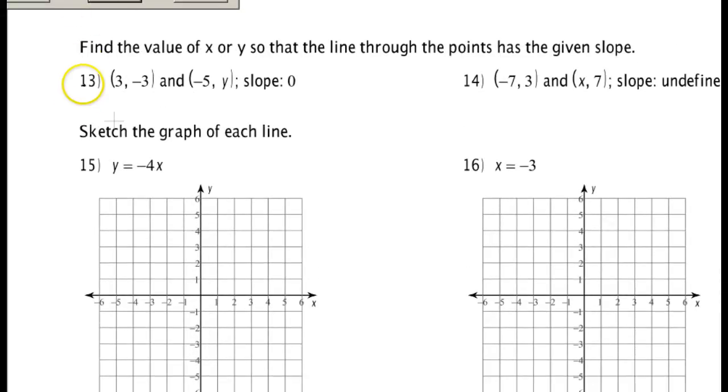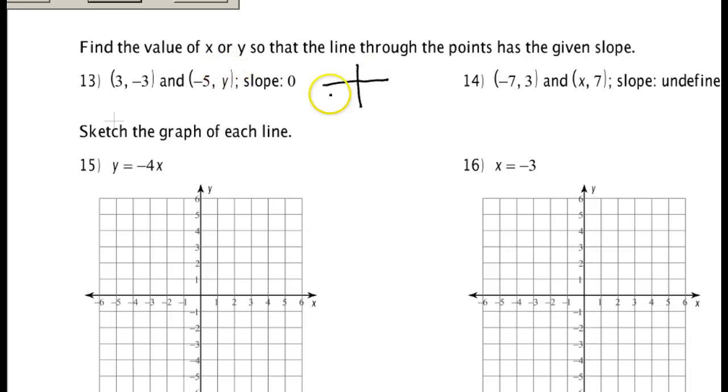Here you go. Number 13. If the slope is 0, it means it doesn't go higher or lower. When we say the line doesn't go higher or lower, we also mean the y value doesn't go higher or lower.